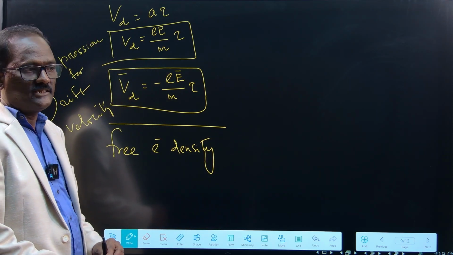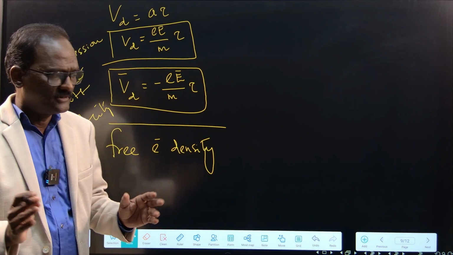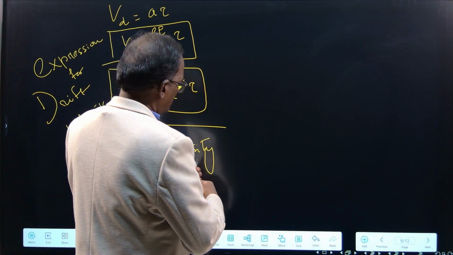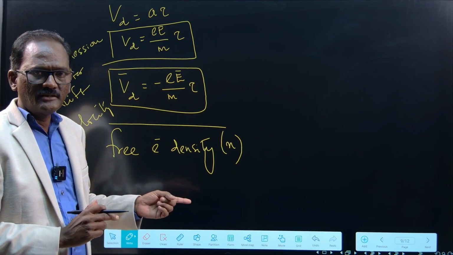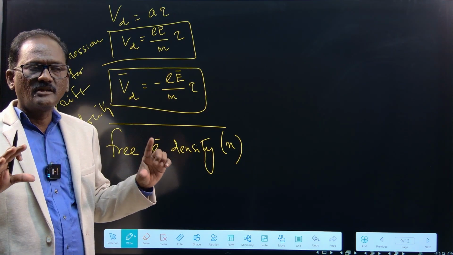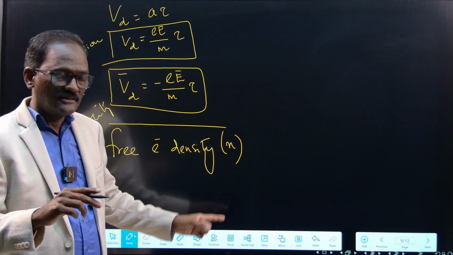How many electrons per meter cube? That's all. This is denoted with the letter small n. Please remember, for the total number of electrons we have used the capital N. This is small n.